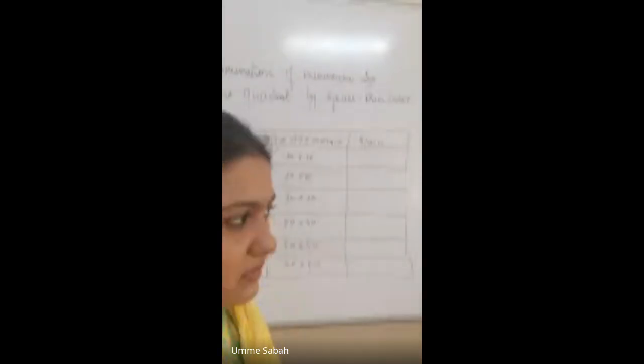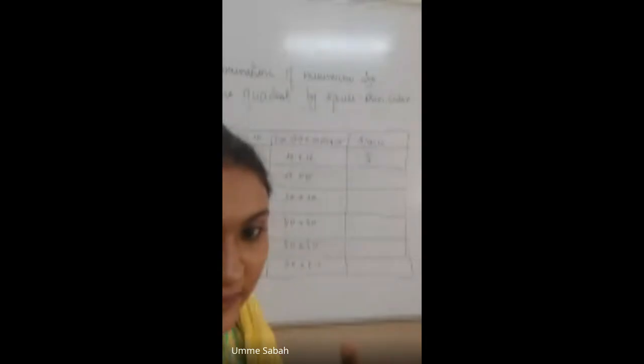So in 10 into 10, how many species you got, students? 2 species, A and B. 2 species you got in 10 into 10. Okay. In 20 into 20, how many you got? 3. Actually, that is 2 new, because B is repeated. So you have only 2 in 20 into 20.